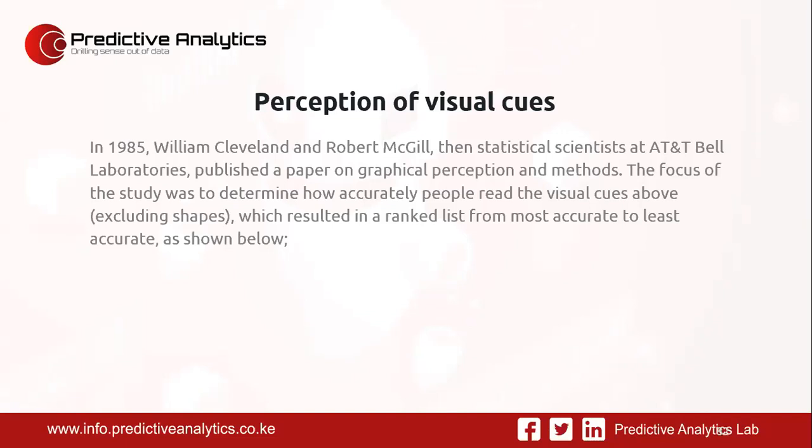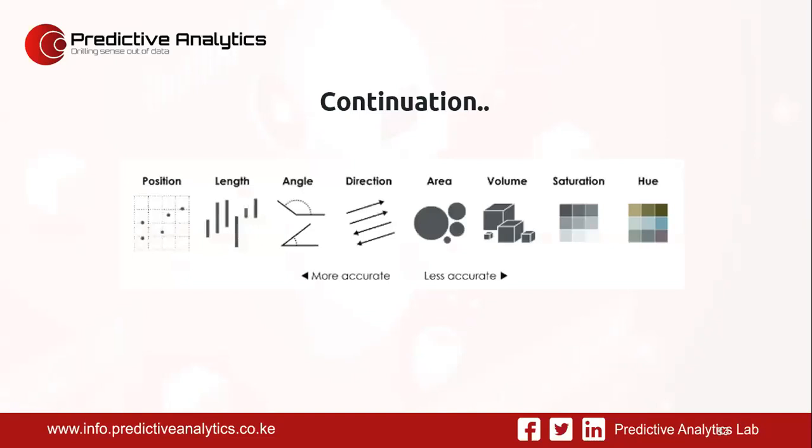So as we can see in the diagram below, as you go to the left, we have the more accurate visual cue, and to the right, we have less accurate.